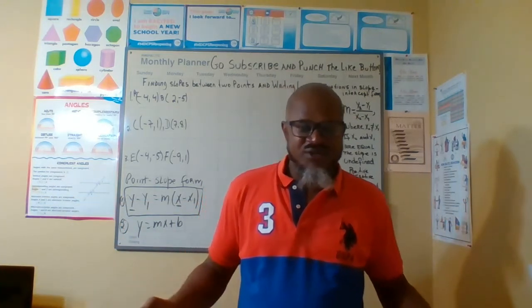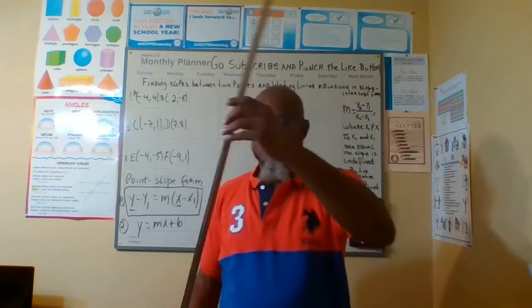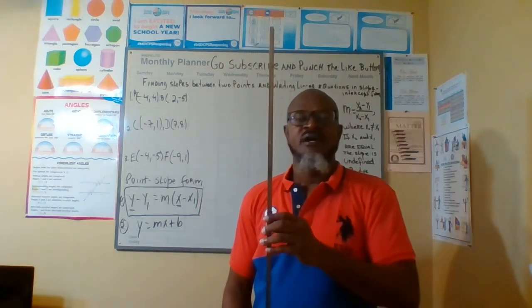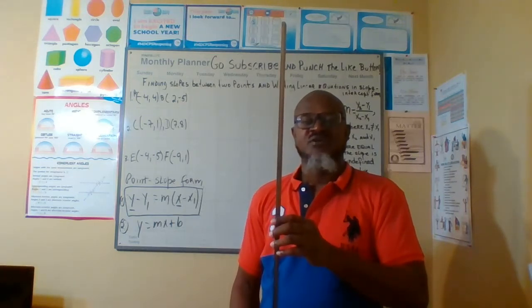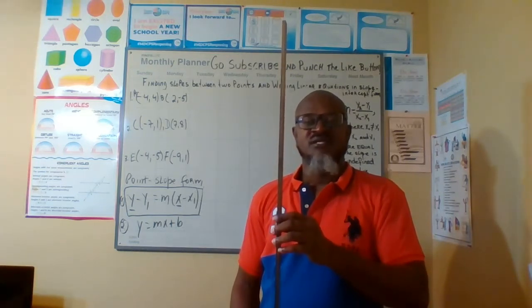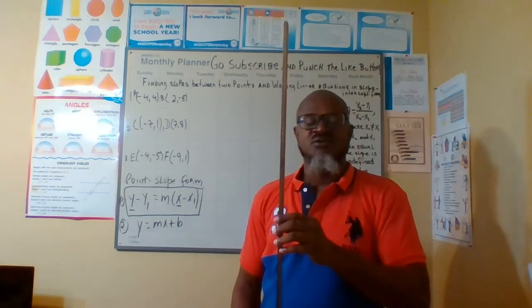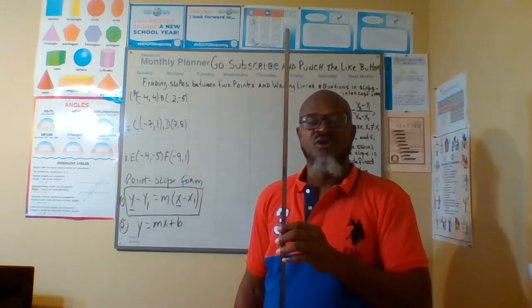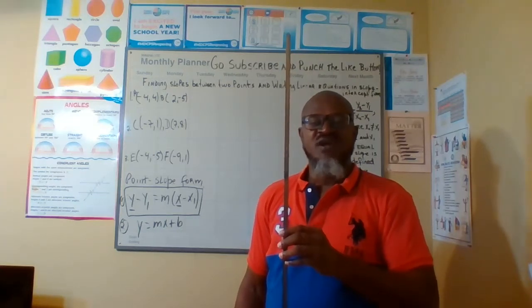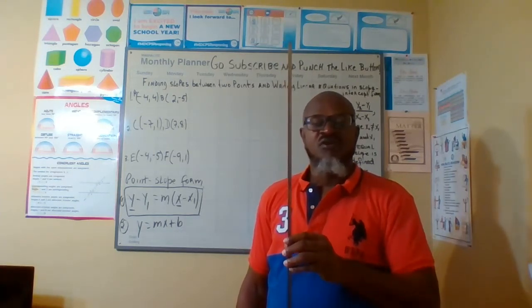And the other one is when your slope is undefined, when you have a vertical line, similar to the y-axis. In this case, you have an equation x is equal to a constant. For example, x is equal to 4. No matter what you do, your x value will always be the same: 4, 4, 4.